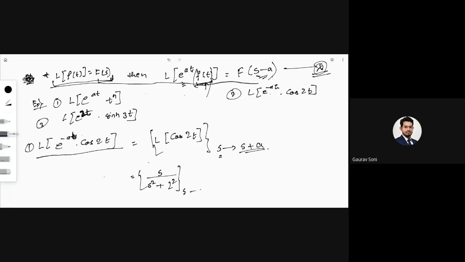Now s is to be replaced by s plus a. So this is equal to s plus a upon s plus a whole square plus 2 square. If we simplify this, it is s plus a upon a square plus 2as plus s square plus 4. This is our final answer.